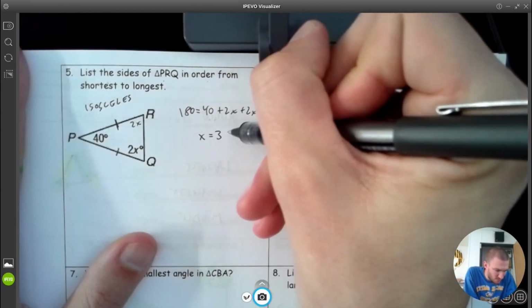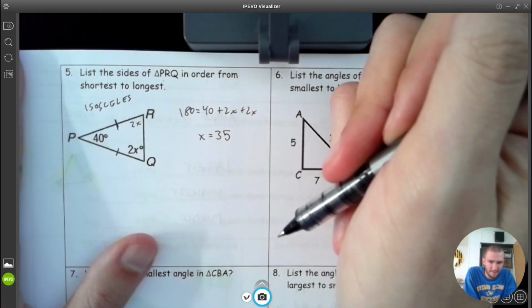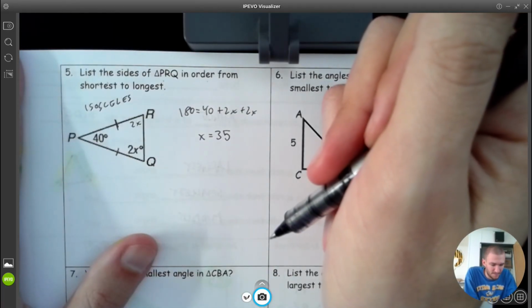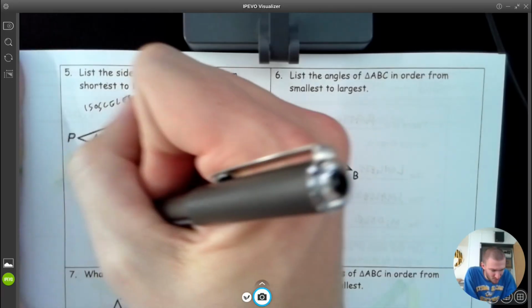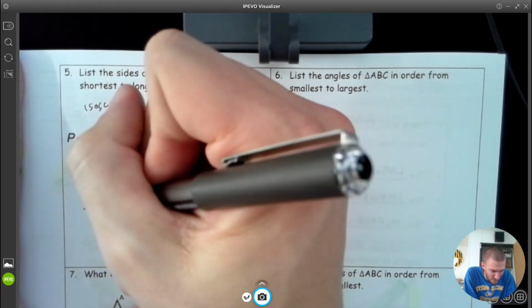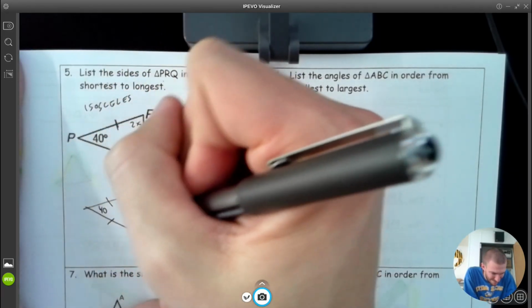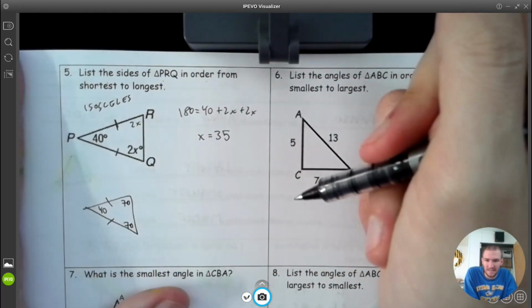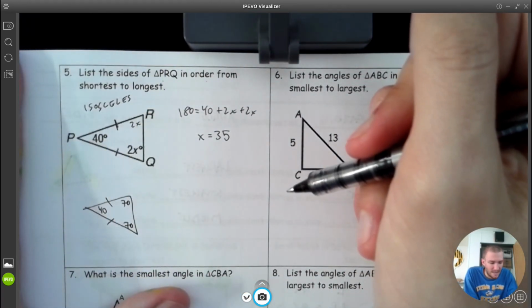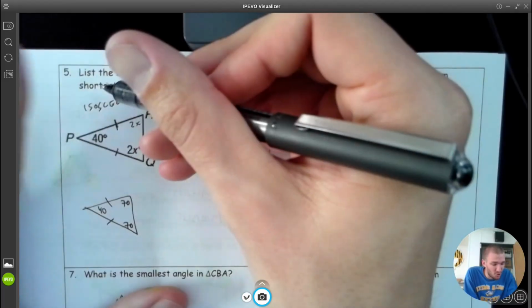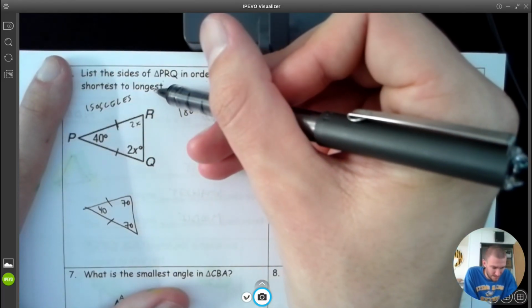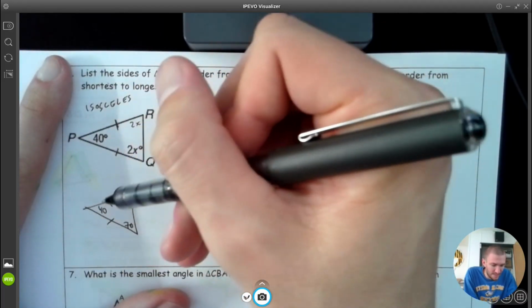X is equal to 35. Now that tells me that I'll have a triangle that is 40, 70, 70. Now if I want to list them from shortest to longest, the shortest angle is 40.